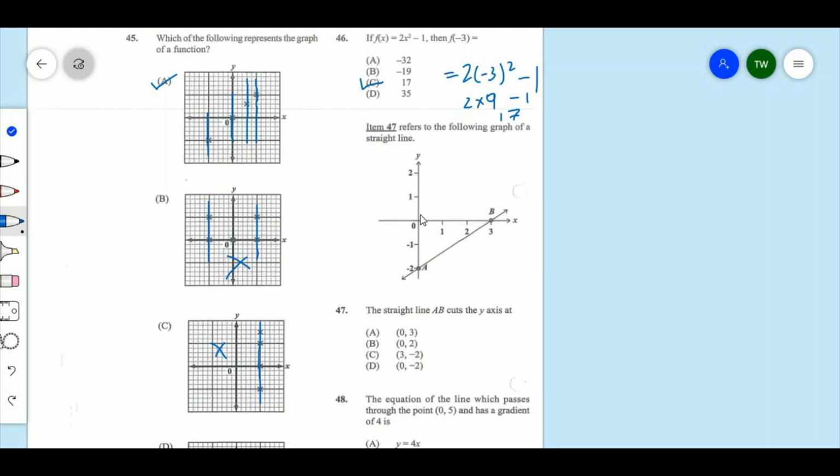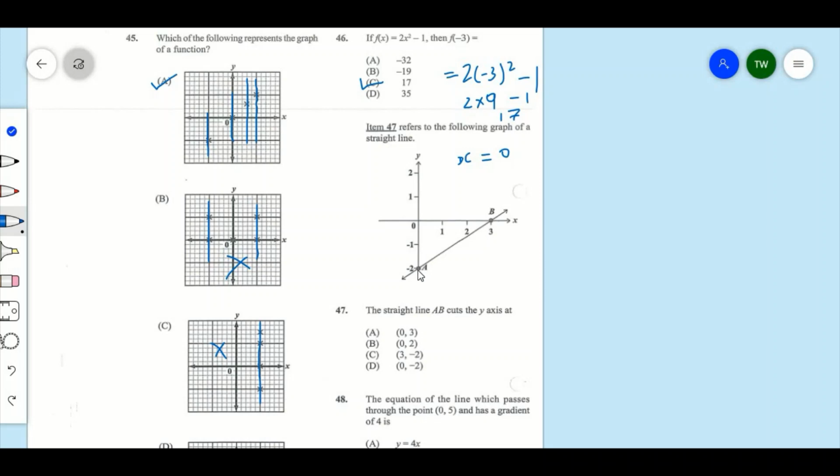But note that the y-axis is also known as x equal 0. And what this means is that for every point that you pick on the y-axis, the x coordinate is going to be 0.